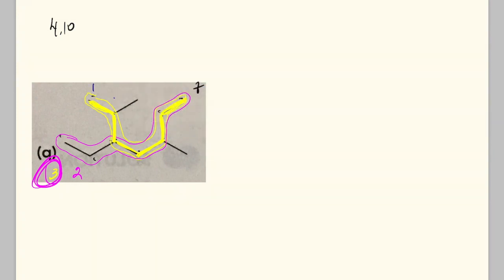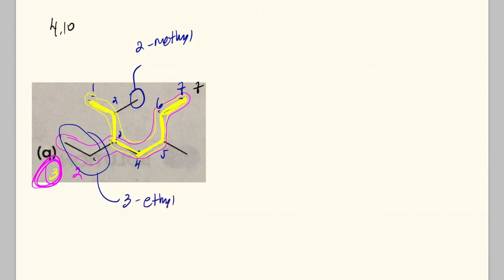Let's identify those now. Well, let's count the carbons here. And I want to number it from left to kind of right to position the substituents at lower numberings. So we have a 2-methyl group. We have a 3-ethyl group. And we have a 5-methyl group.